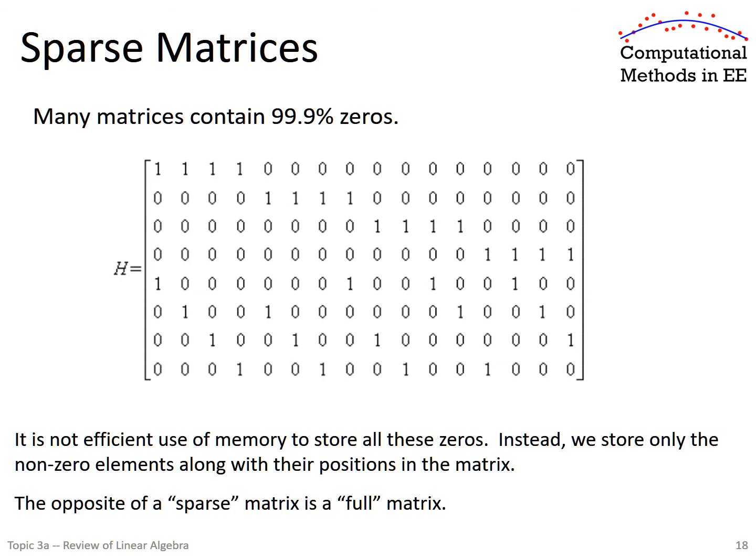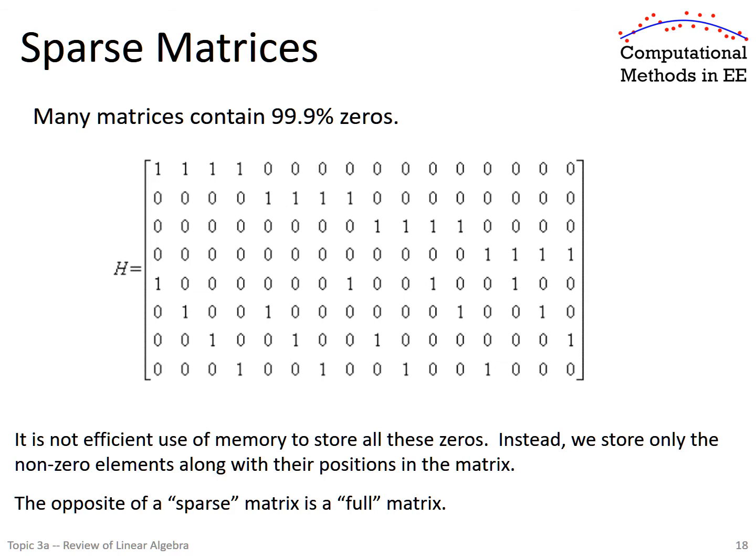So a sparse matrix is still a matrix, but what we do is only store the non-zero elements. So in a way, we have more information to store. We not only have the numbers, but we have where they go in the matrix. So if you have a full matrix that just has a lot of numbers and you store it as sparse, it could actually end up taking more memory.